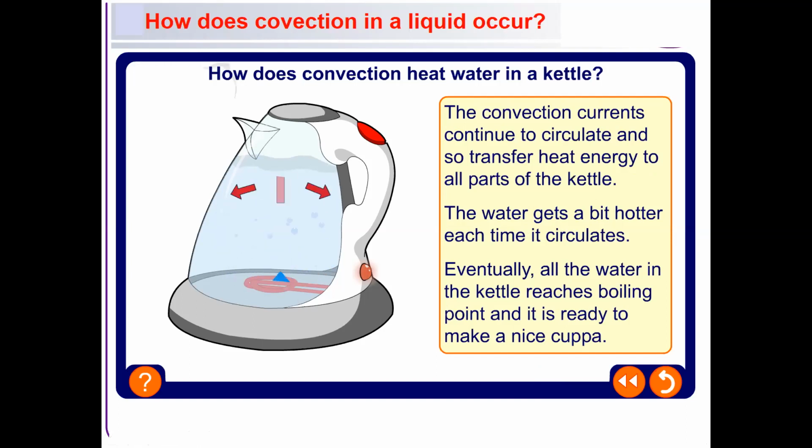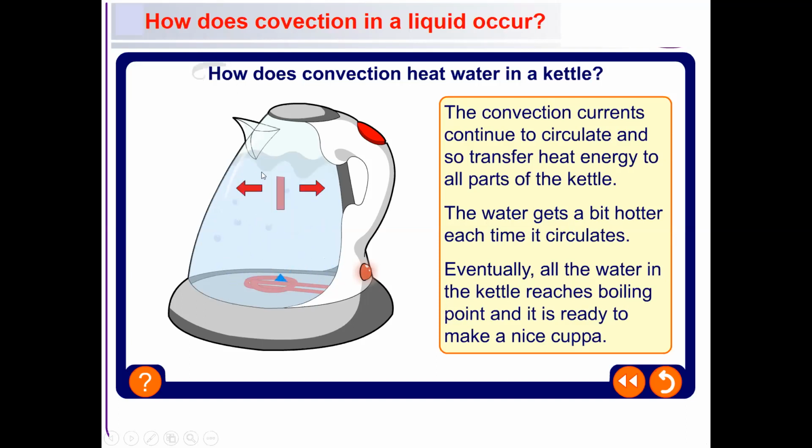The main difference we need to remember for the exams is that in conduction, the particles don't actually move. They simply vibrate about a fixed position. In convection, the particles actually move. They gain the thermal energy, become less dense and rise up.